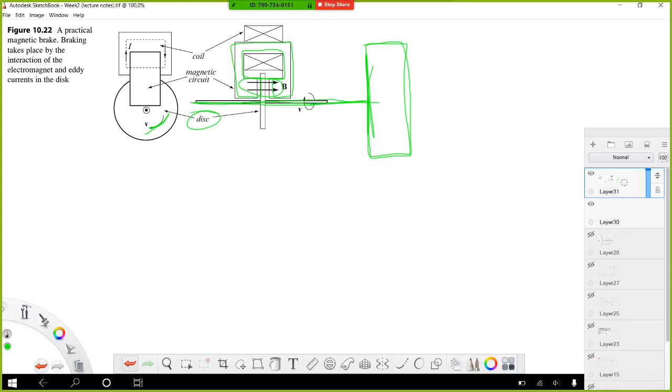But please note that an electromagnetic brake cannot be used to completely stop a vehicle. It can be used only to slow down. The magnetic brake is therefore more appropriately called the magnetic retarder or magnetic damper.